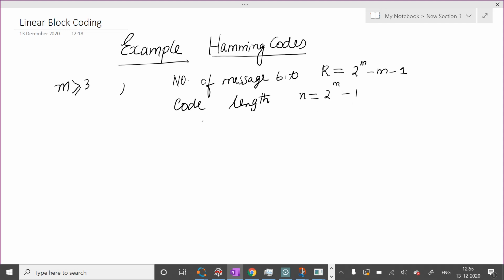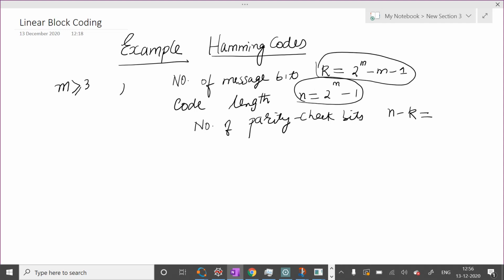Okay, so definitely the number of parity check bits is n minus k. When you subtract n minus k, the 2 to the power m minus 1 gets cancelled, so it is m. So m is actually the number of parity bits you want to add.